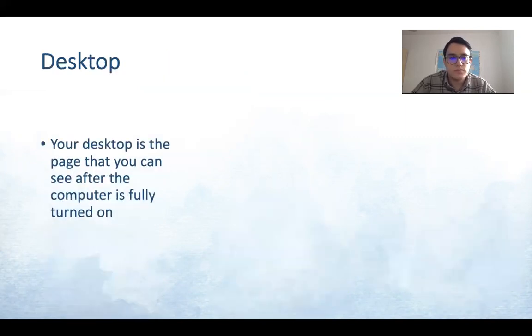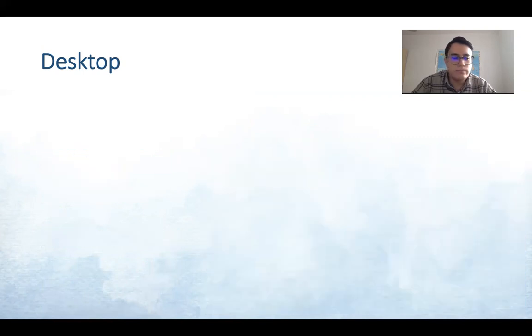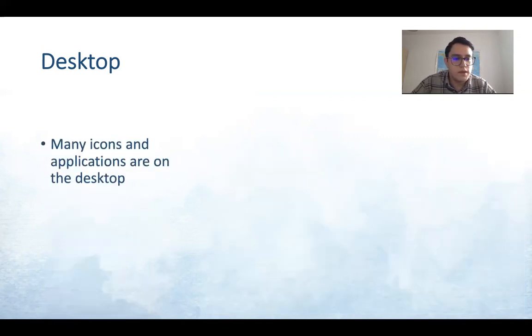The desktop. Your desktop is the page that you can see after the computer is fully turned on. It shows all the icons, just like this on the picture on the right. You can see all the icons. Many icons and applications are on the desktop.